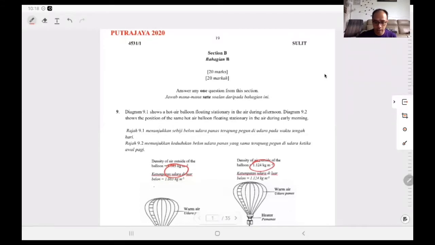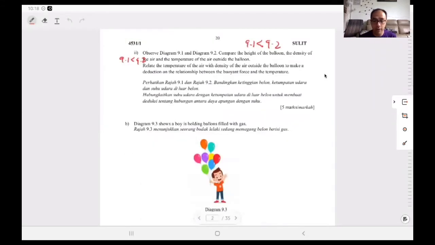And then the third one is the temperature of the air outside the balloon. Since 9.2 is higher, obviously we know that the higher you go, the temperature outside will be much cooler.